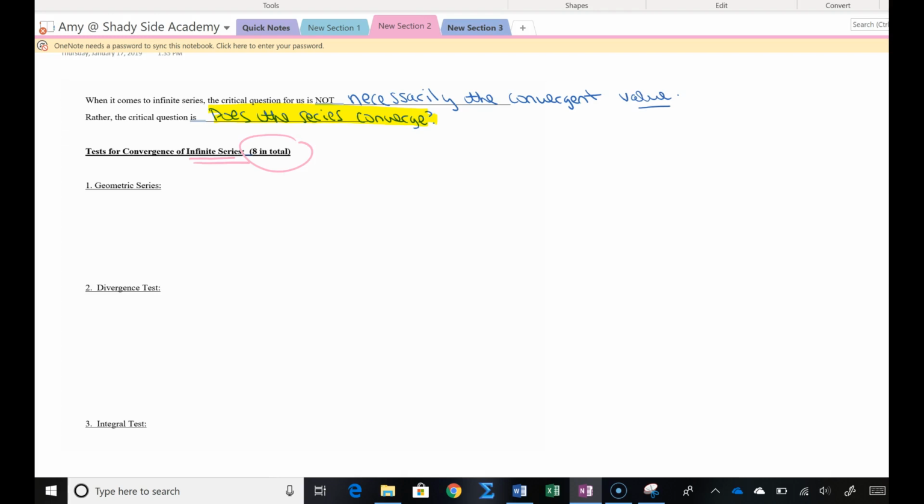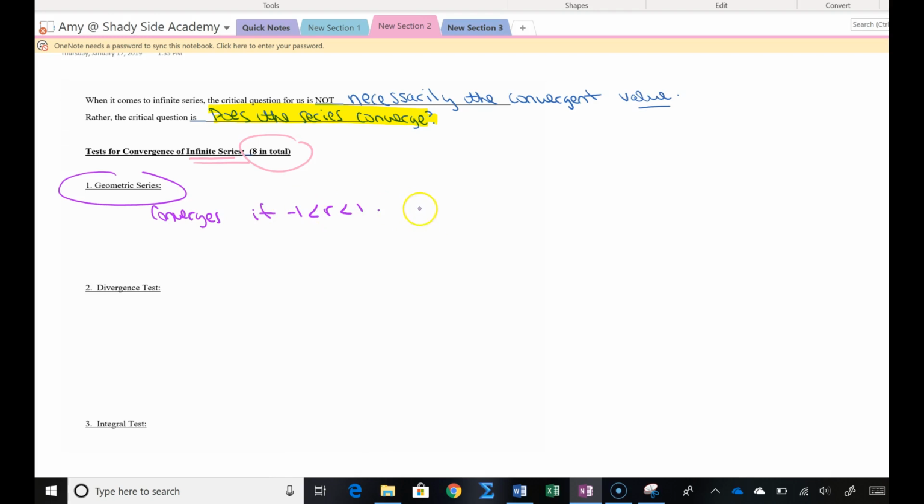So the first convergence test, or the test for whether an infinite series converges, is the geometric series test. Given an infinite geometric series, as you know already, it will converge if r is between 1 and -1. So that's a nice way to begin, having one convergence test that's already obvious to you.